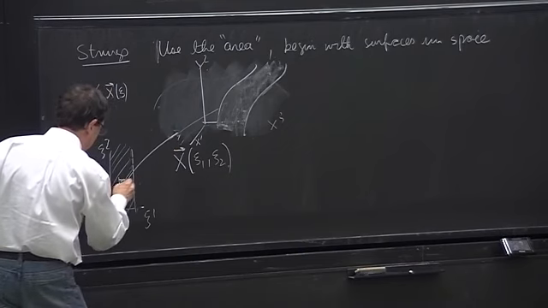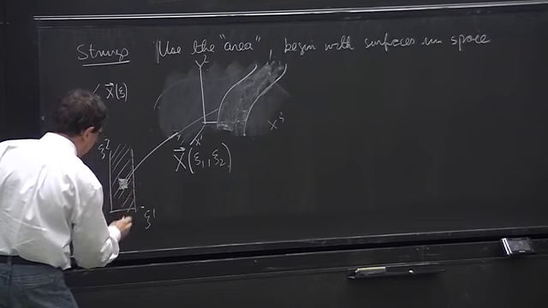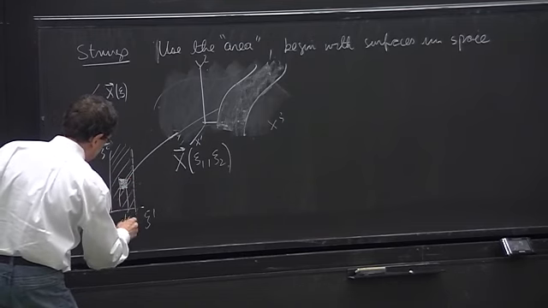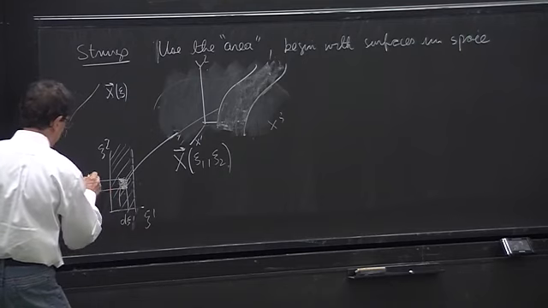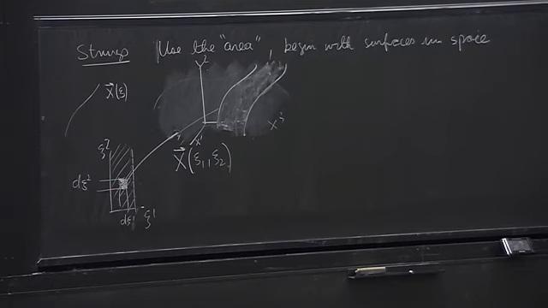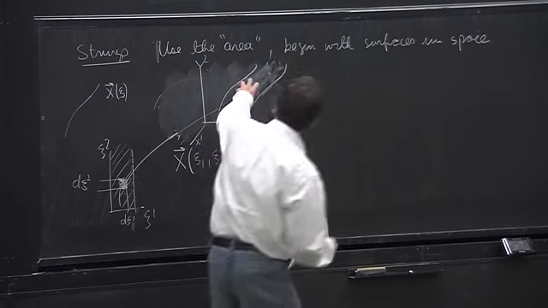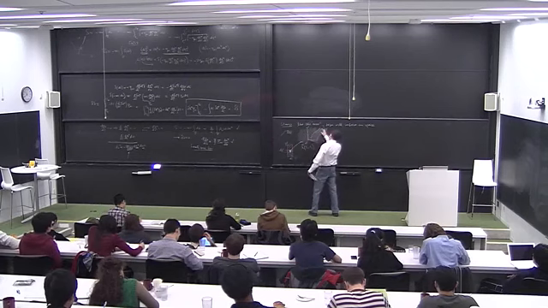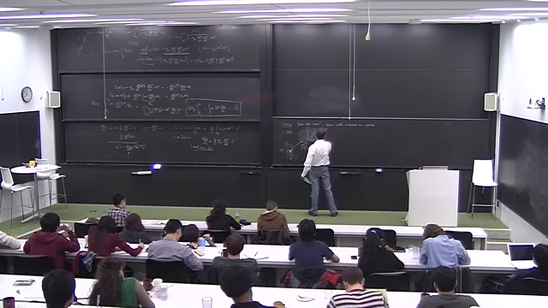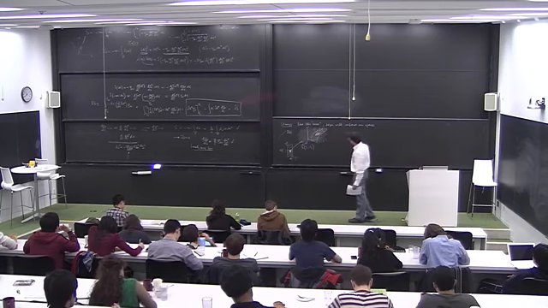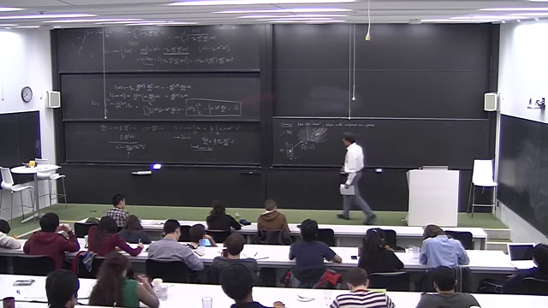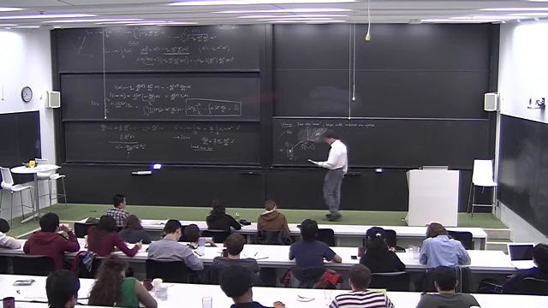So you take a little rectangle of sides d psi 1 and d psi 2, and let's try to calculate the area of the image here. This little square is going to appear here as some sort of parallelogram, presumably. And we want to calculate the area of that little thing using d psi 1, d psi 2.